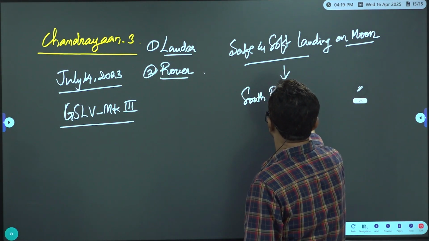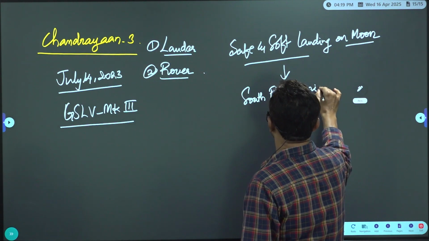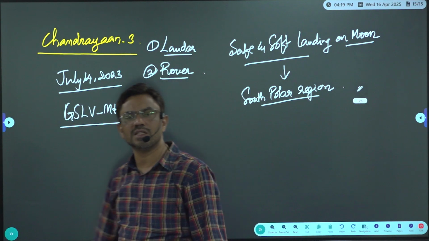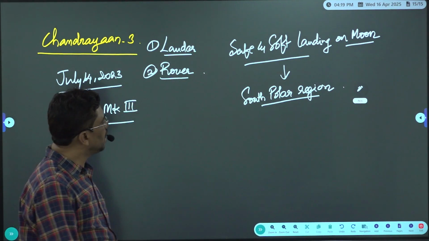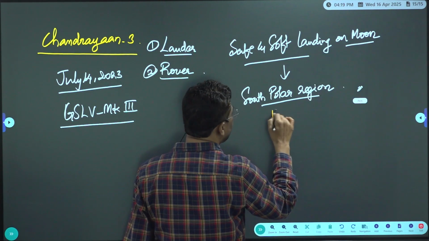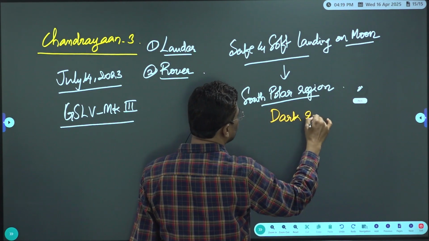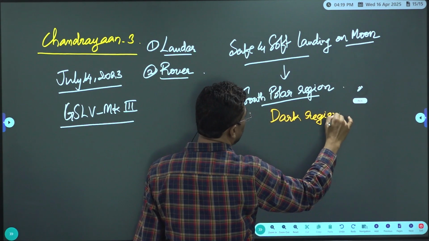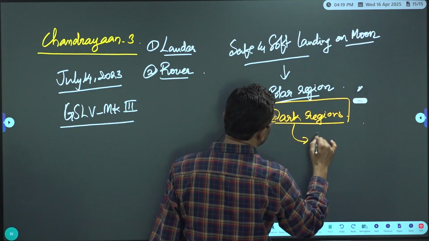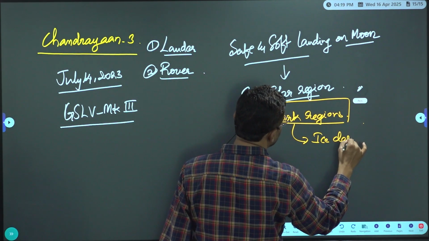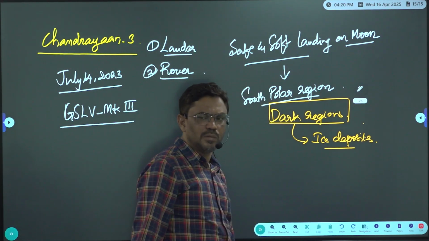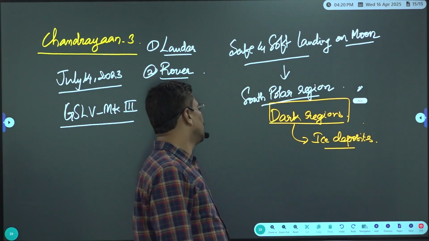Why are we focusing on the South Polar region? Because at this South Polar region, many dark regions exist. In these dark regions, there are ice deposits, and there are a lot of mineral deposits.